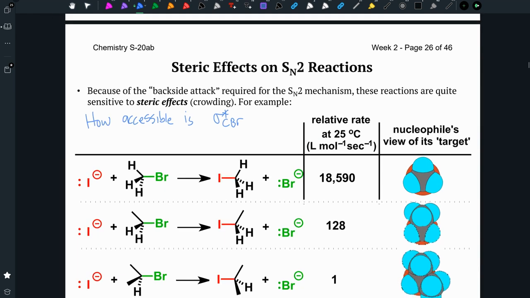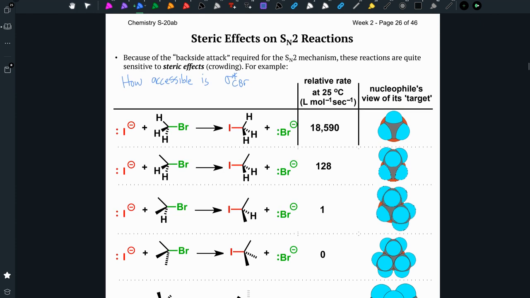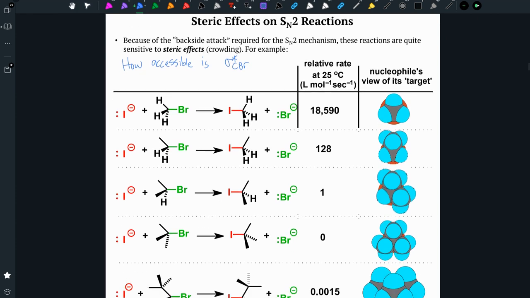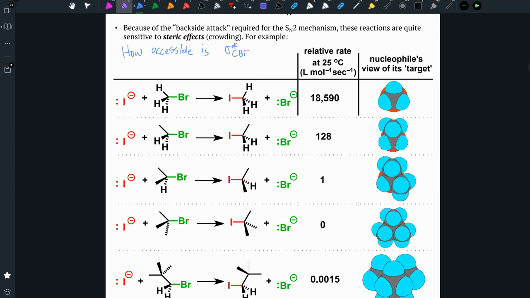All right, so on this page, we've got a whole series of different alkyl halides ranging from, in this case, a methyl halide to a primary halide, primary because there's one carbon group here, to a secondary halide because there's 2 carbon groups here, to a tertiary halide where there are 3 carbons.